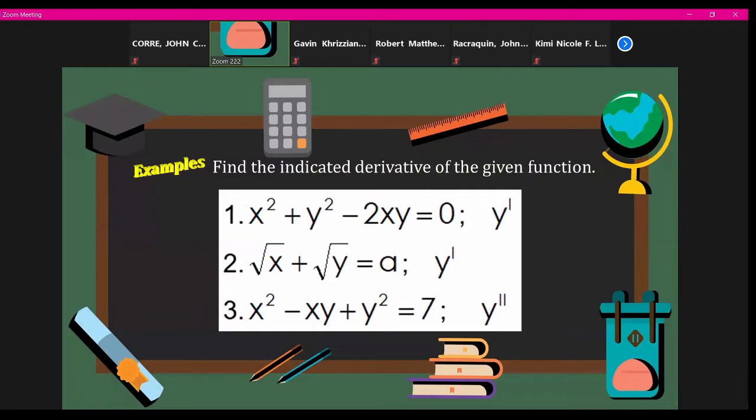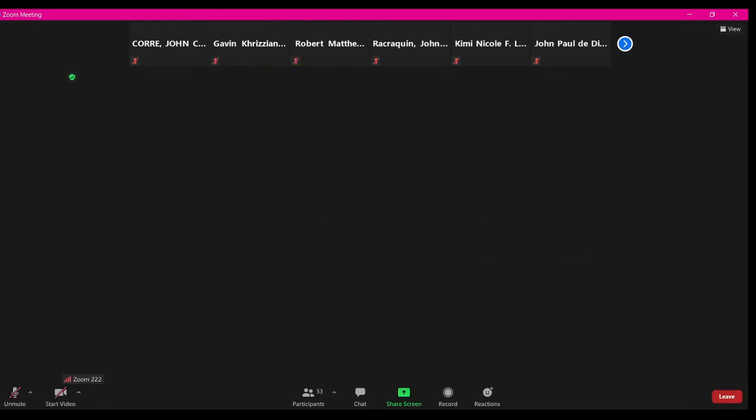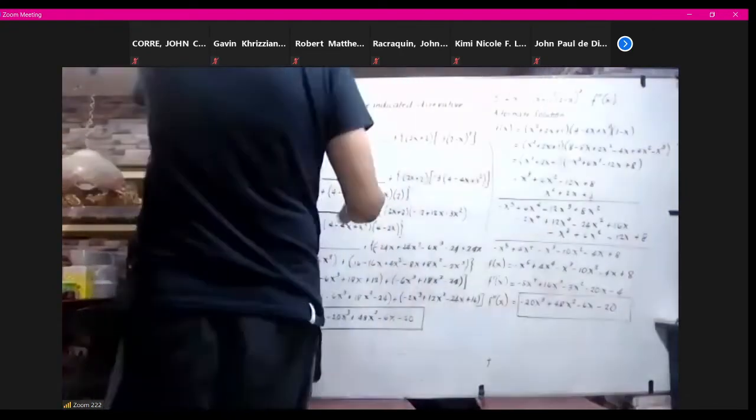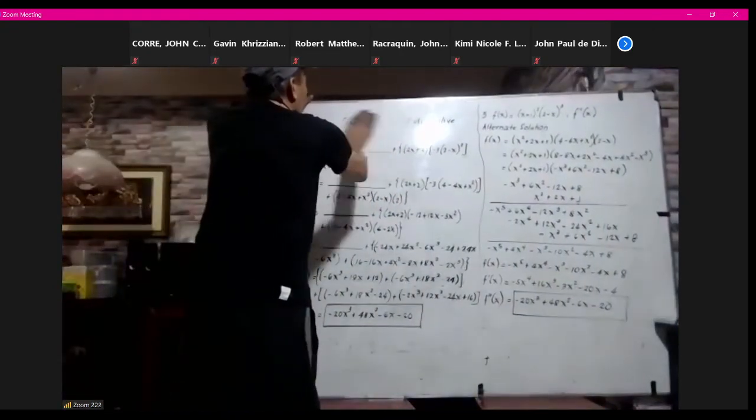Nalitratuhan ko na. So, balik na tayo. Na-screenshot nyo na ba, guys? Hello, na-screenshot na? Yes po sir, na-screenshot na po. Okay, so this time guys, sagutan na natin yan. Okay, so tanggalin ko to.